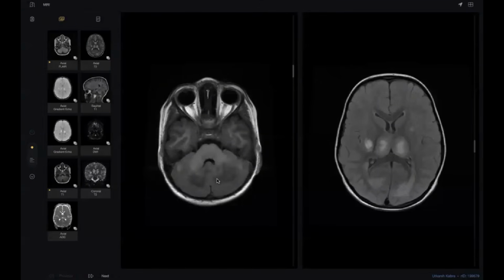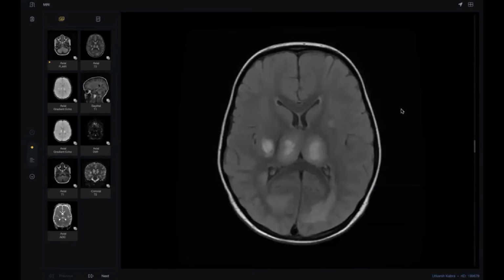What does it mean for you? Give me some differential diagnosis. Sir, all of them having T1 high signal intensity could be related to some drug-induced changes.